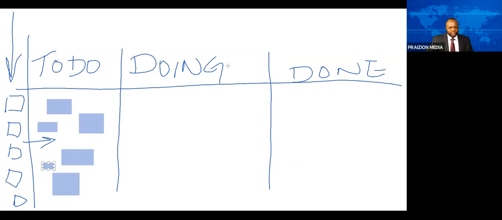As your project or your day begins to unfold, you begin to move some of these into the doing column for you to execute. You do not want to do too many things at once. 2, not bad. 3, you're pushing it.